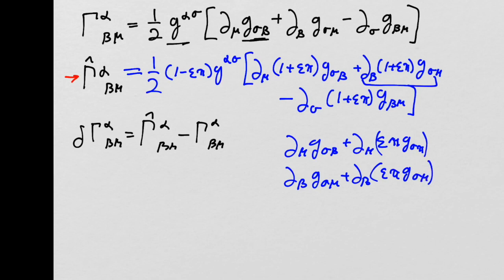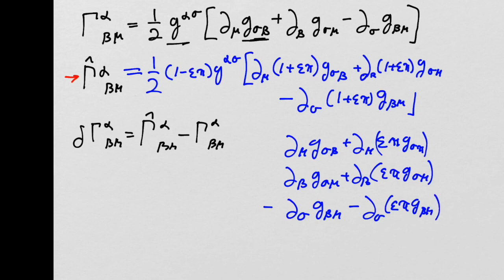Right, that's what that term here is. Let me just erase that little line there. Partial. And then this last part will be minus partial sigma g beta mu minus partial sigma epsilon pi g beta mu, like that.